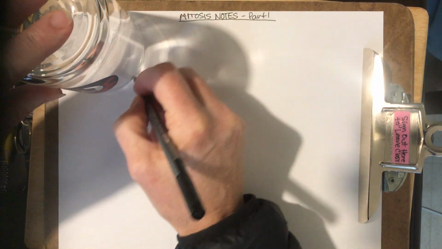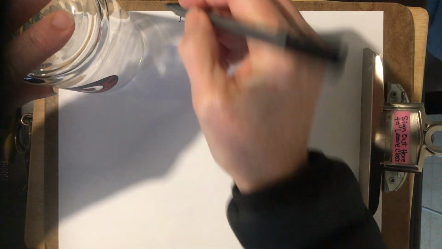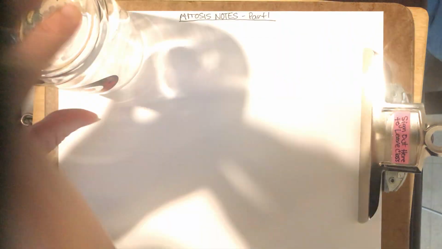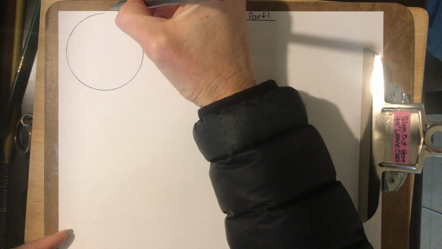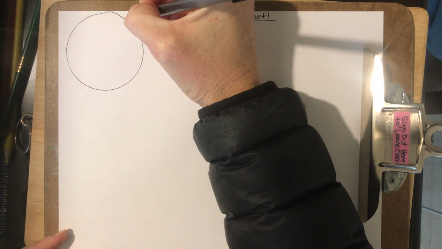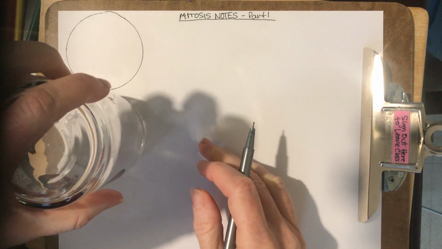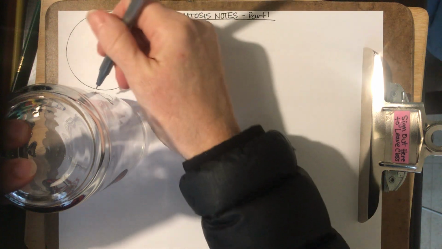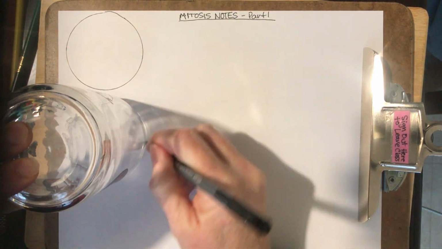on my sheet. It doesn't have to be perfect. Once again, you can also just freehand it if you don't have a circle template handy. It's not a big deal. Okay, there's one. I'll just fill in a little bit. There we go. Okay, here's my second one.